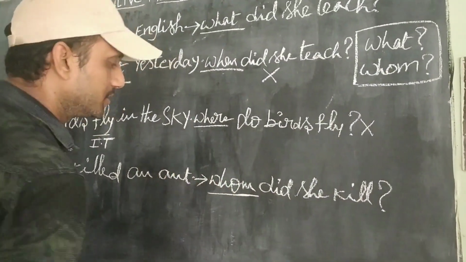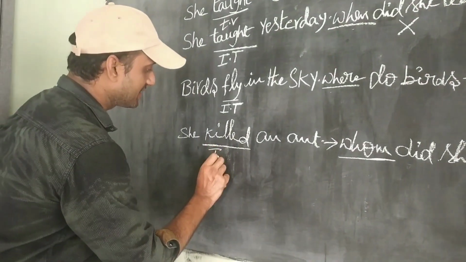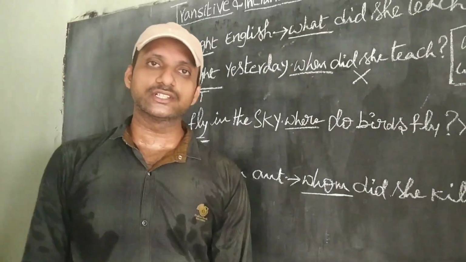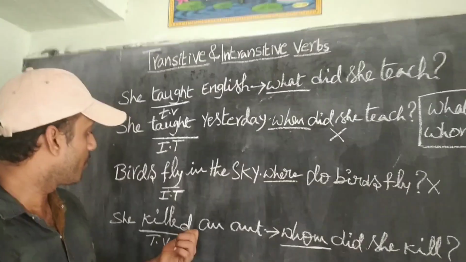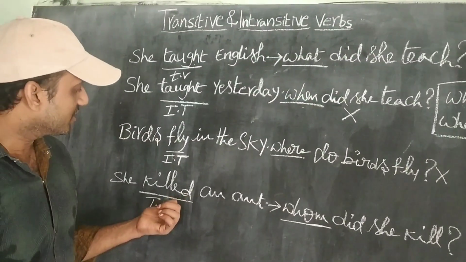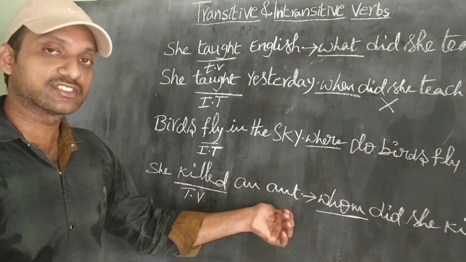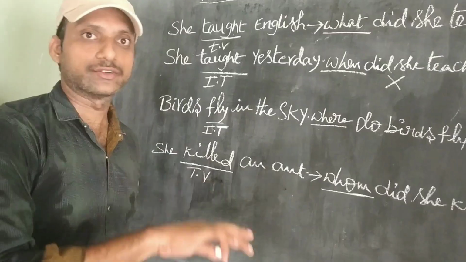Whom we have here. Then the verb is transitive. Now, if we get one object, we say that it is a transitive verb, depending on this object, so that's why you can call it transitive. If we get more than one, what do we have to do?